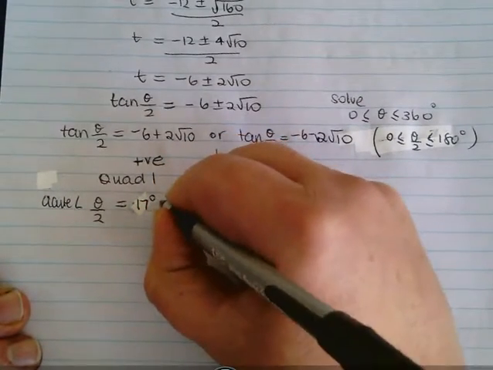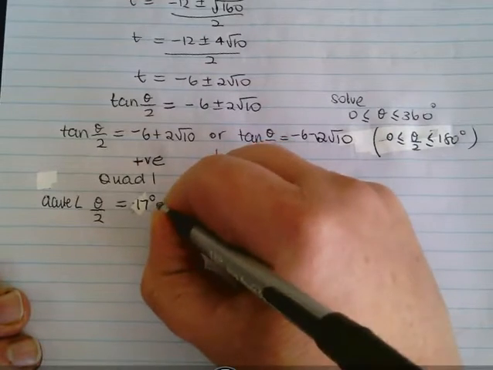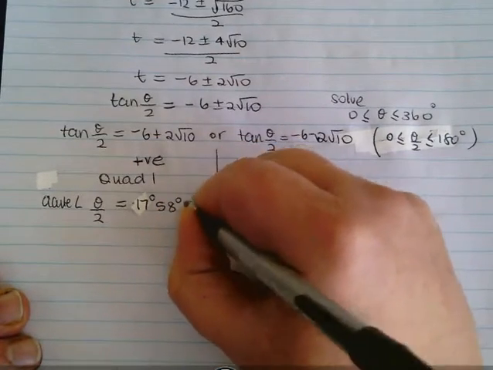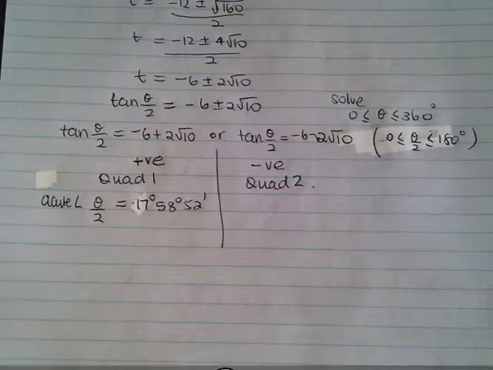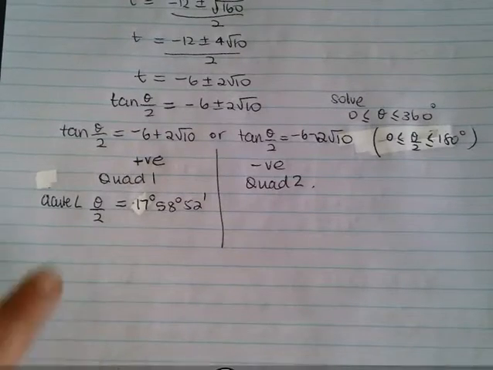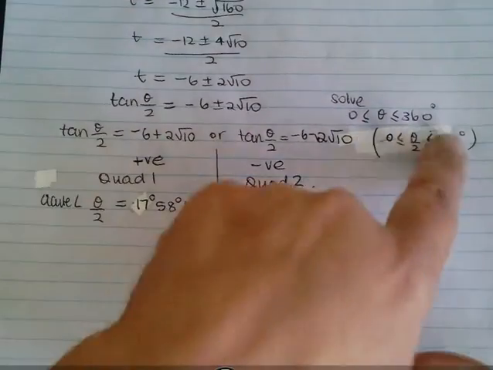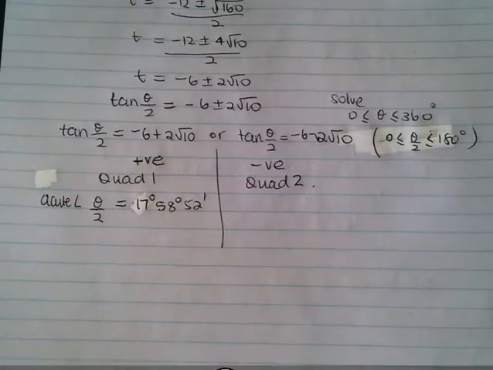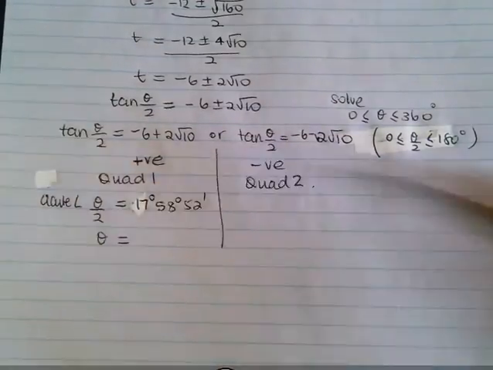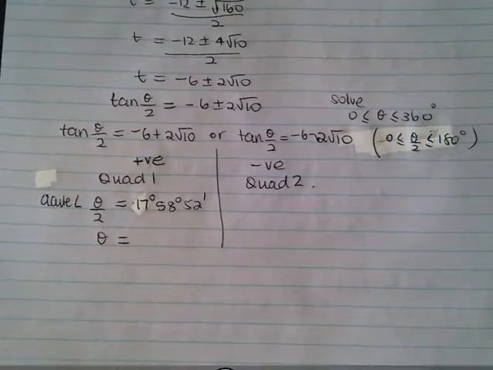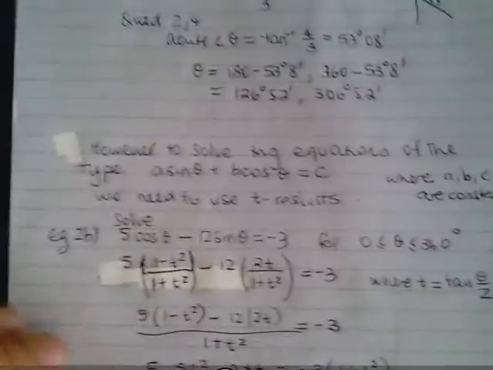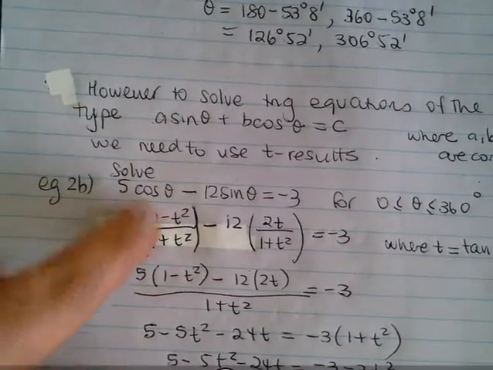17 degrees. Now, the reason you do not round this is that's theta on 2, and I have to solve from 0 to 360. Do not cancel that answer. Multiply it. I need theta, not theta on 2. The question says solve for theta, not theta on 2. Look at the question. You solve for theta.